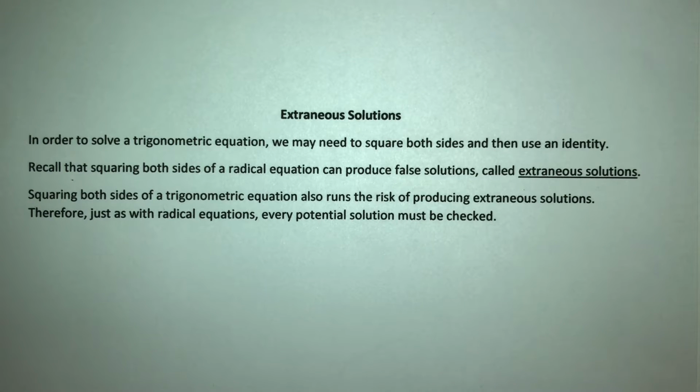And we had to do a complete check of every single possible solution because you just don't know which ones are going to be false. So we're going to have that same basic idea. We're going to end up squaring both sides and solving an equation, and we're going to have a list of potential solutions. But we're going to have to check each and every one to make sure that they work.